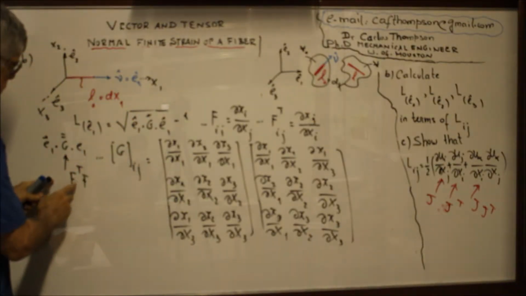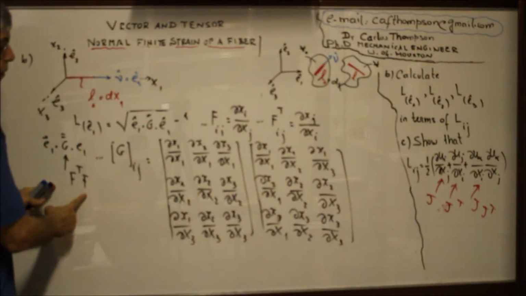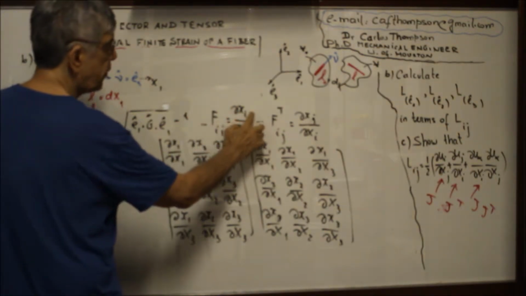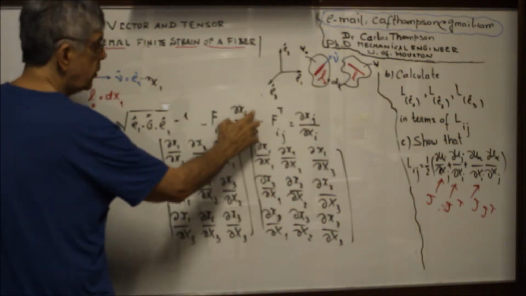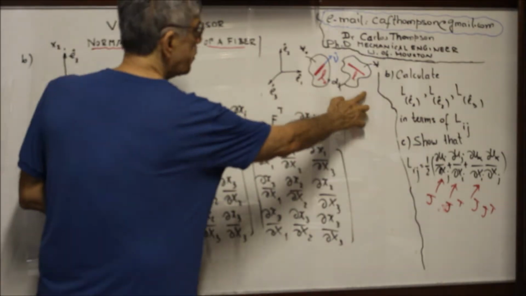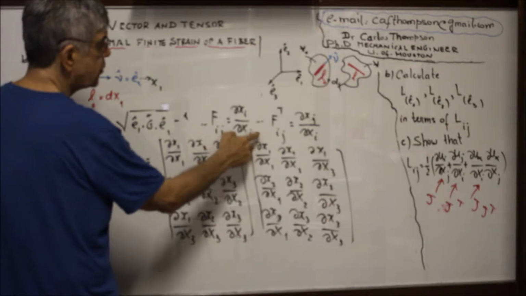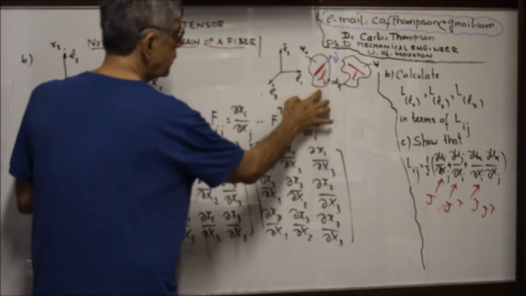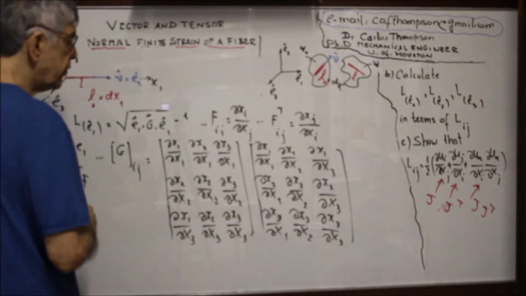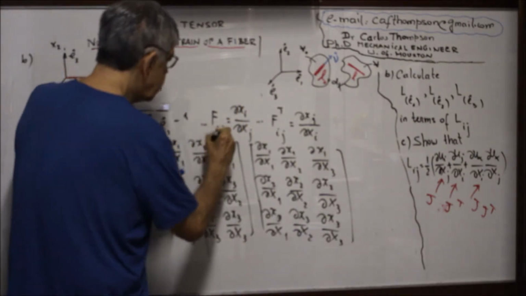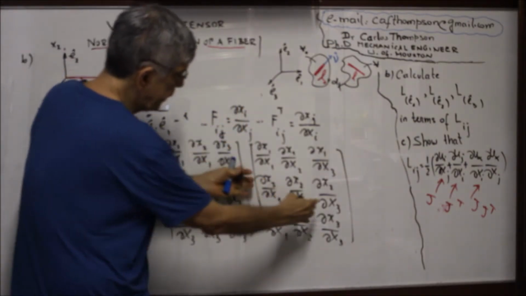So, G is F transpose times F. F is the partial derivative of a small xi related to the deformed configuration with respect to capital Xj related to the undeformed configuration. So this is the matrix Fij, written over here.